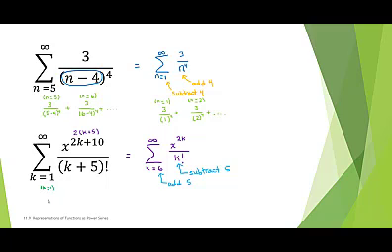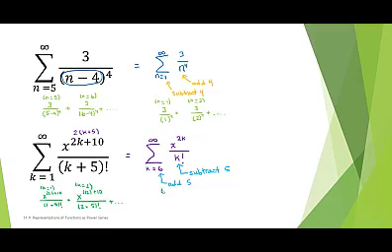So if k equals 1 in our original sum, we have x to the power 2 times 1 plus 10 divided by 1 plus 5 factorial. Our second term, when k equals 2, gives us x to the power 2 times 2 plus 10 divided by 2 plus 5 factorial, and so on.